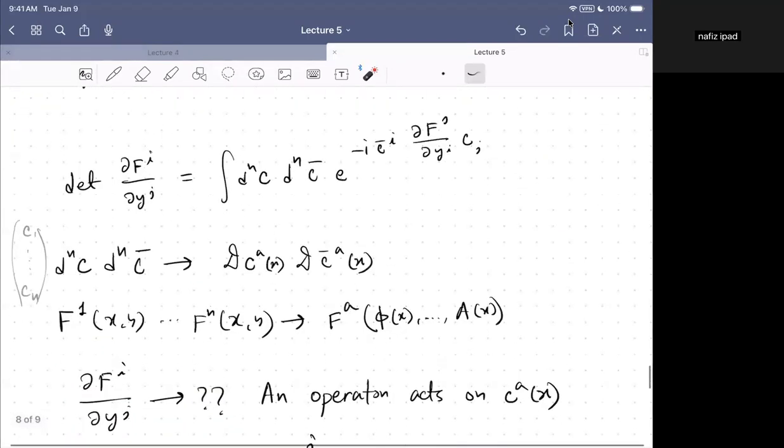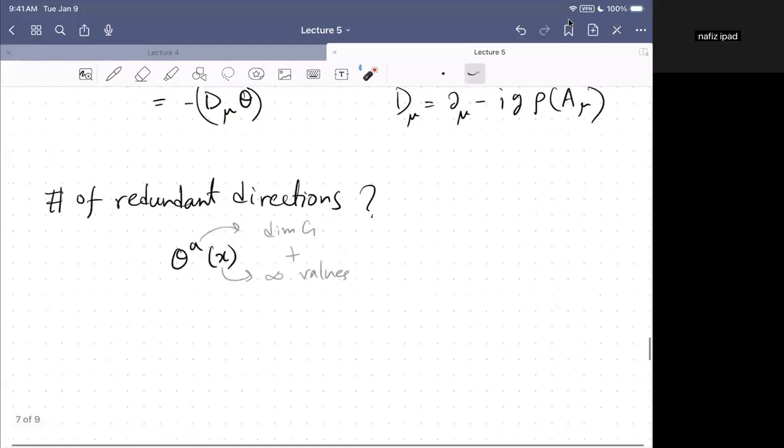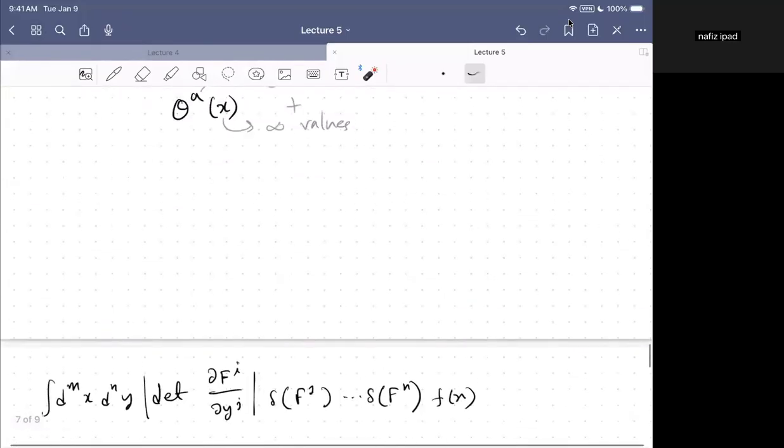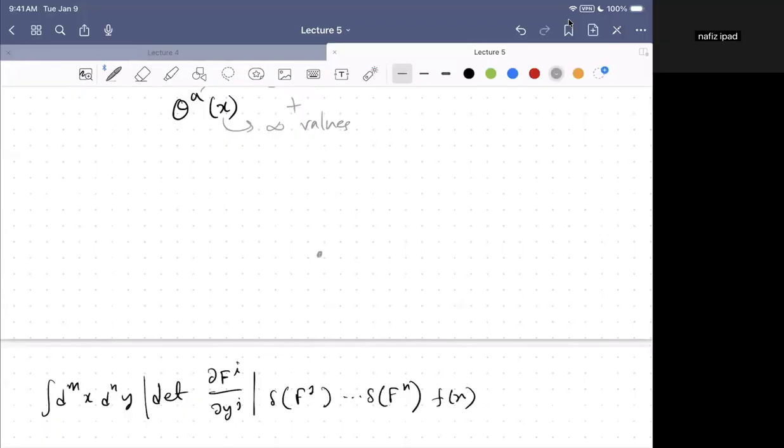And in our case, the redundant coordinates are the gauge parameters. Recall that starting from any field configuration, if the gauge parameters are 0, you have this gauge field configuration. But now if we change the gauge parameters, you have a different field configuration related by a gauge transformation.